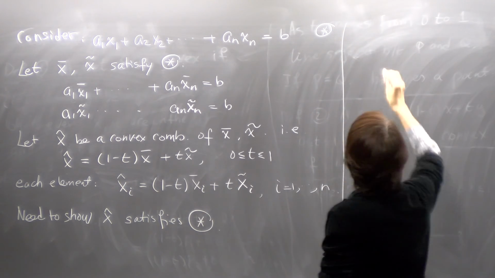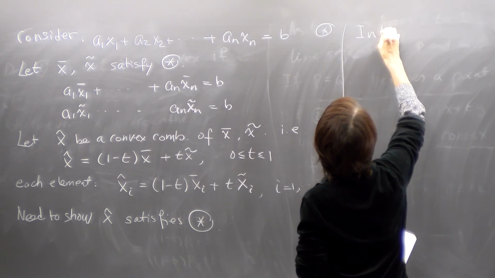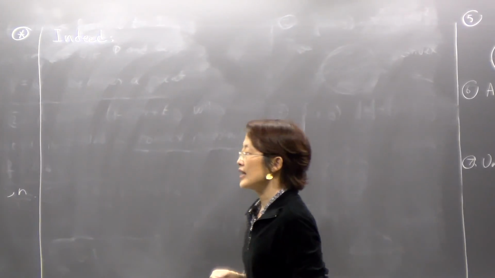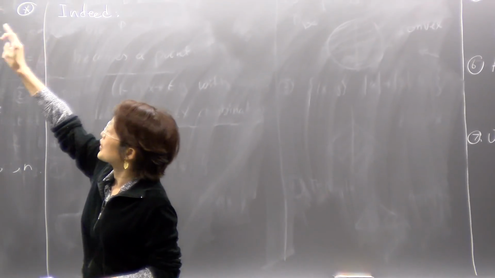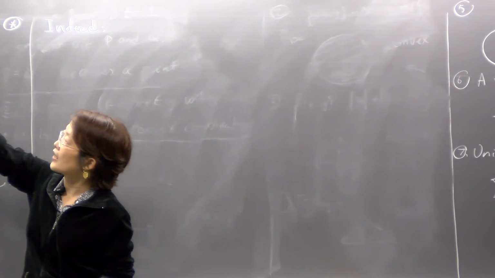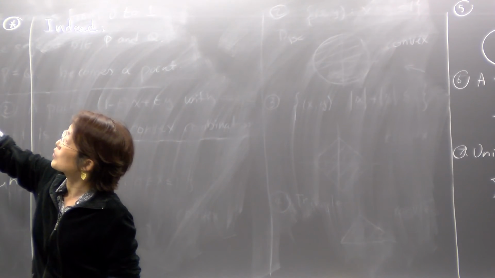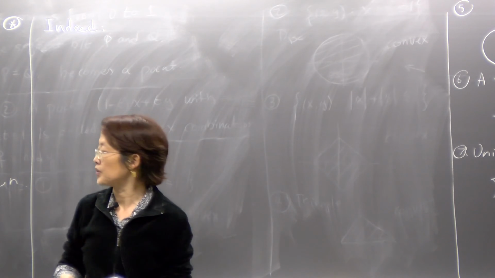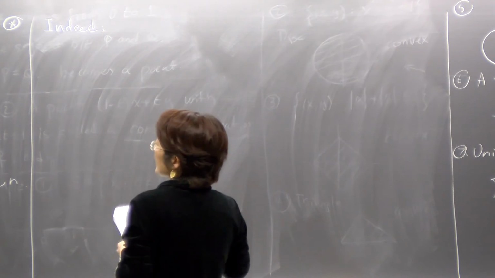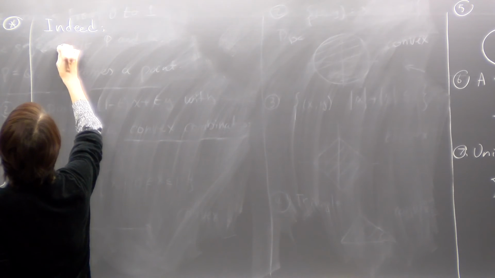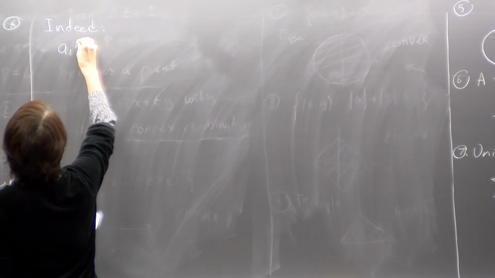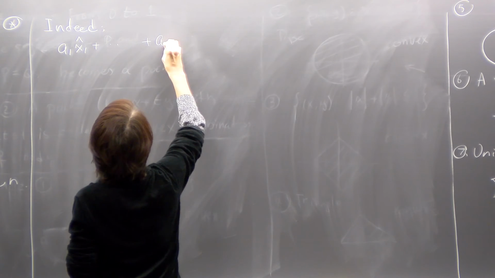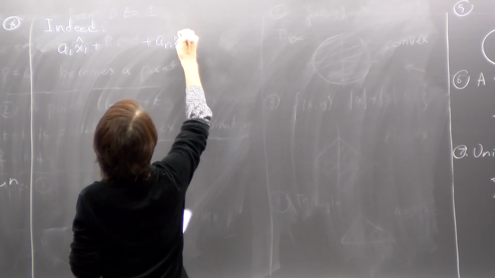Okay, so how do we prove this? Indeed, what do we have? I will plug in x hat into this equation on the left-hand side, and somehow I want to show that eventually it equals b. That's what I will do. So let's look at the left-hand side. I will have a1 x1 hat plus all the way to an xn hat.